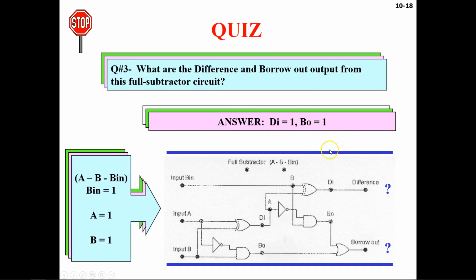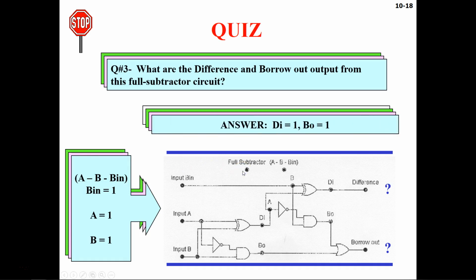Let's do another case when B in is 1 and A and B are 1. So 1 minus 1 is 0. Then 0 minus 1, again you have the same situation as previously, so you will again have the difference 1 and the borrow 1.